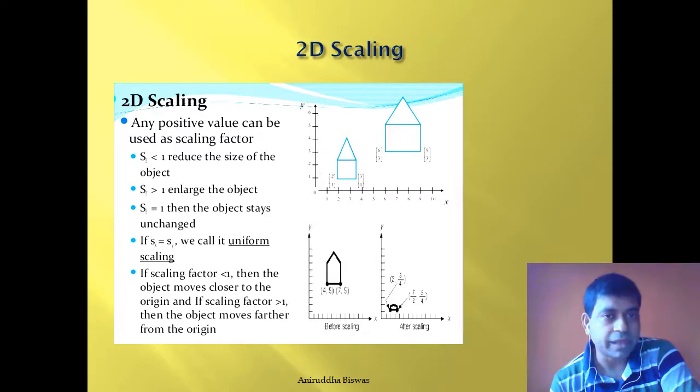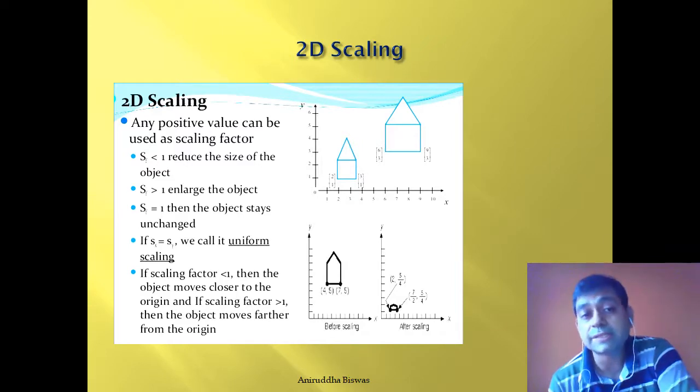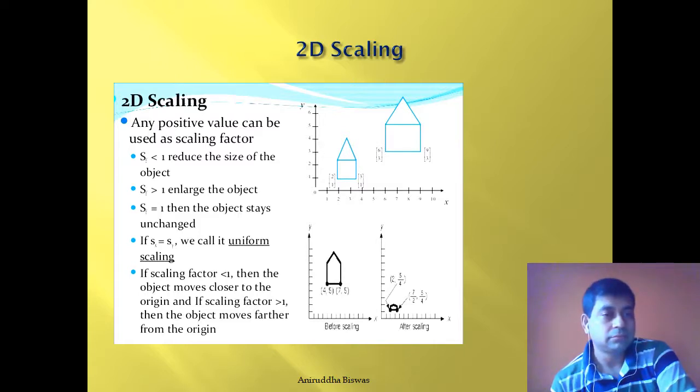Any positive value can be used as a scaling factor. If it is greater than 1, then the size will be increased, and if the value is less than 1, then the size will be decreased. But if the scaling factor is equal to 1, that means the object will remain uniform and at the same location.